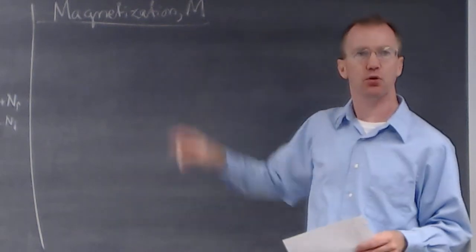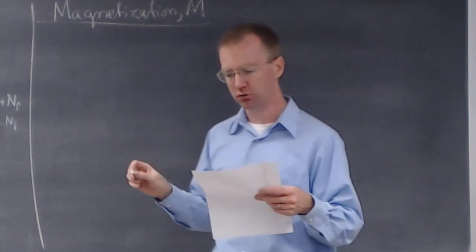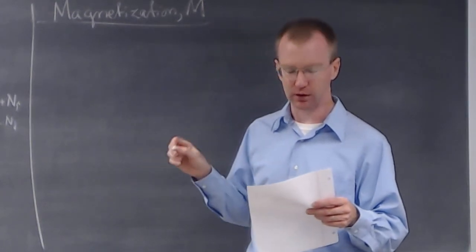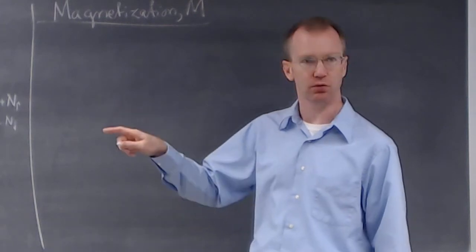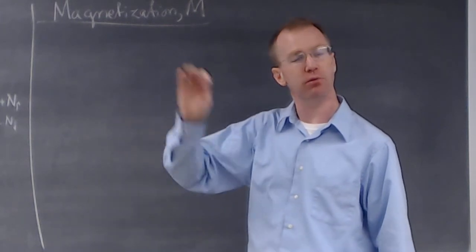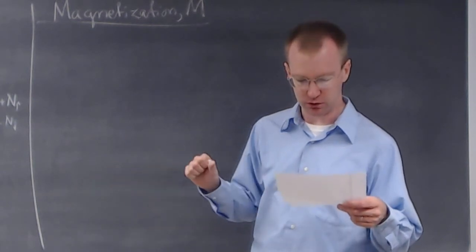We'll call that capital M for magnetization. Magnetization is defined as the total magnetic moment of the system. Now remember, the magnetic moment of a dipole is mu. Well, that's either plus mu if it's up, or it is minus mu if it is down.